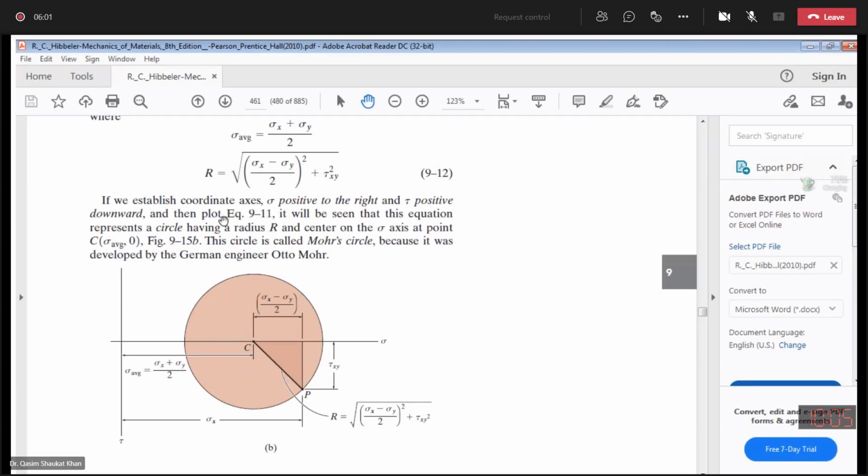First you have to establish the coordinate axes. Horizontal is normal stress, vertical is shear stress. Shear stress is positive downwards.